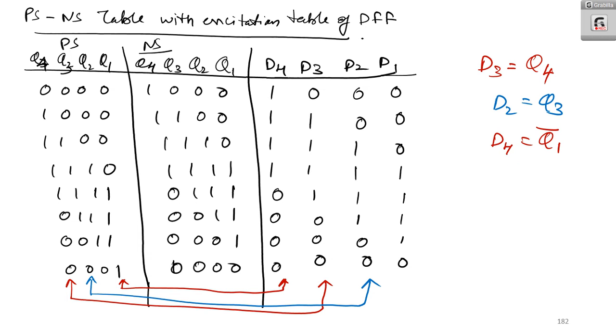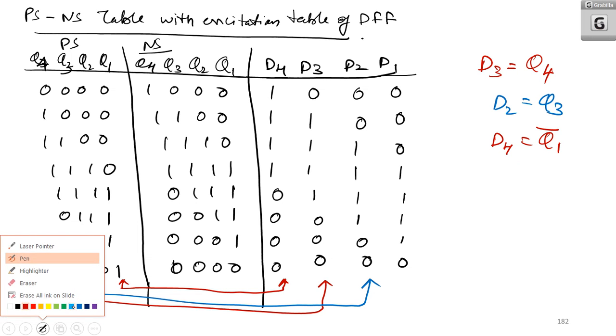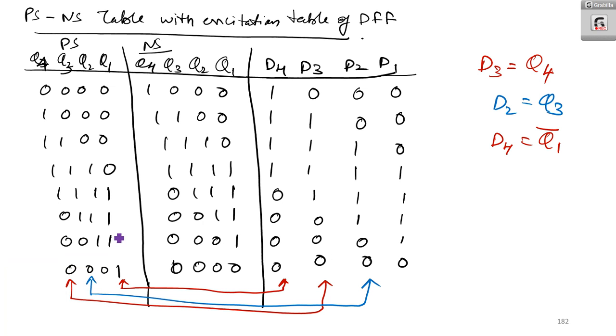Now what is remaining? Remaining is D1. If you are looking to the column of Q2 and D1, you can see that it is exactly the same. So you can write D1 is equal to Q2.